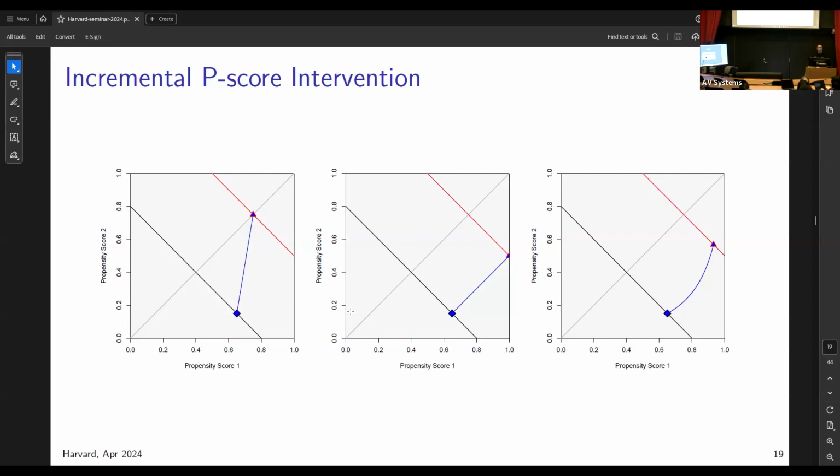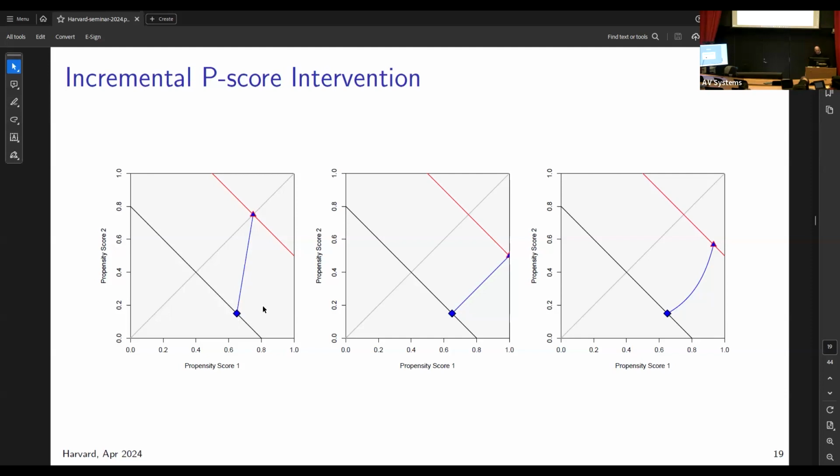So imagine you have a cluster with two individuals, and we're on this blue dot. Individual one has a propensity score of about 0.65, and individual two has a propensity score of about 0.15. So their average propensity score is 0.4.